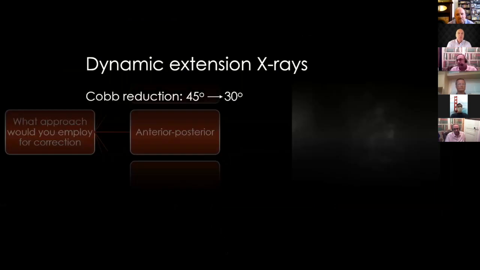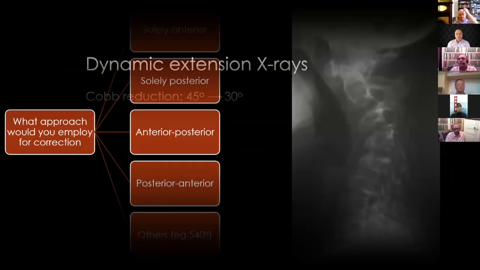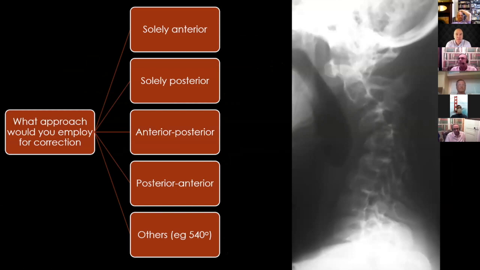So now my question is, what approach would you employ to correct this deformity? Solely anterior, solely posterior, anterior-posterior, or vice versa, posterior-anterior, and maybe others, let's say 540 degrees, or maybe another.